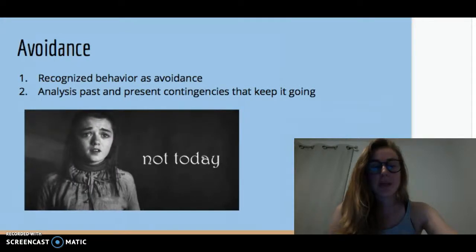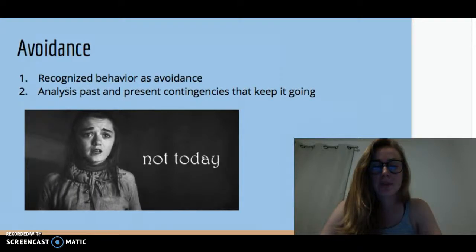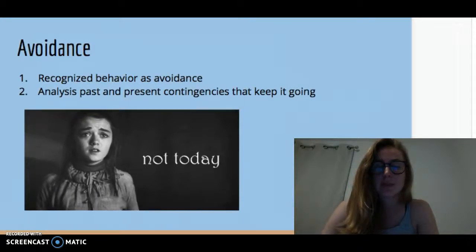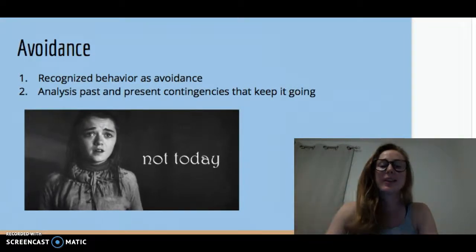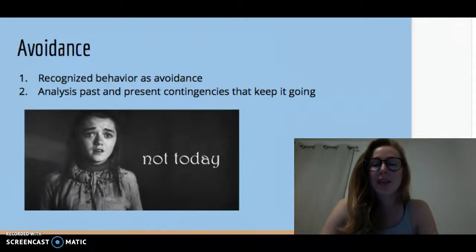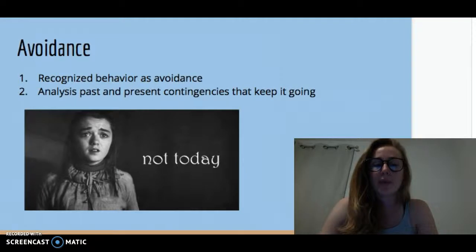Avoidance. In order to recognize avoidance, these steps must occur. One, you have to recognize the behavior as avoidance. And two, you need to analyze past and present contingencies that keep it going.